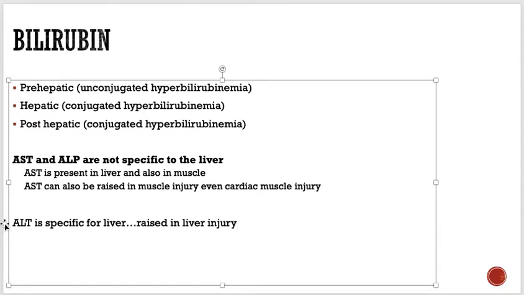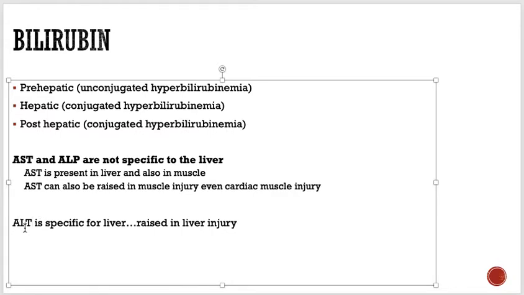It's not that it is present just in the liver, but it is present in other tissues as well, like the kidney.